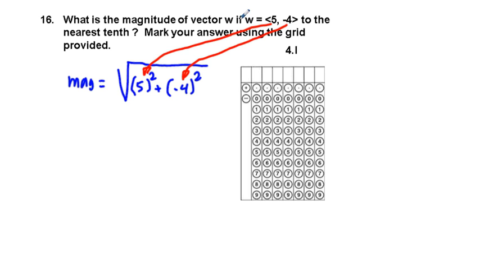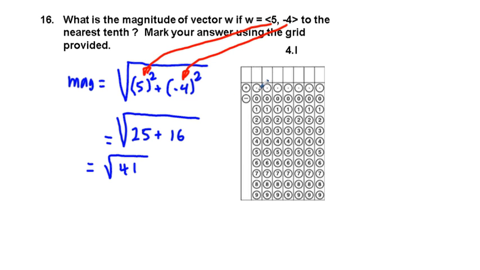And what we get is 5 squared is going to be 25, and -4 squared is 16. So we're going to get the square root of 41.